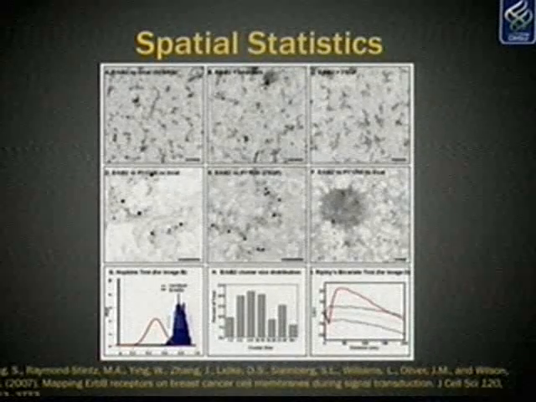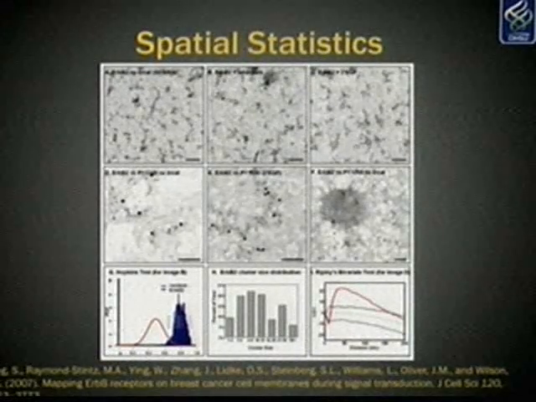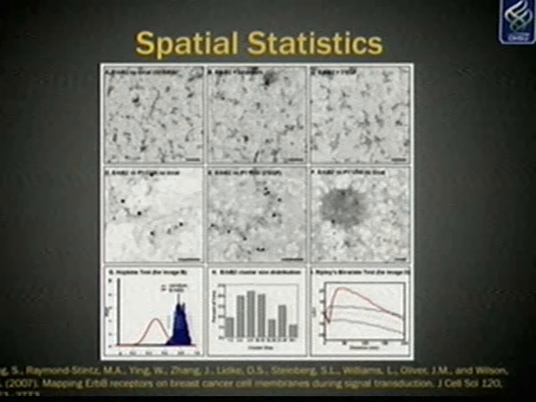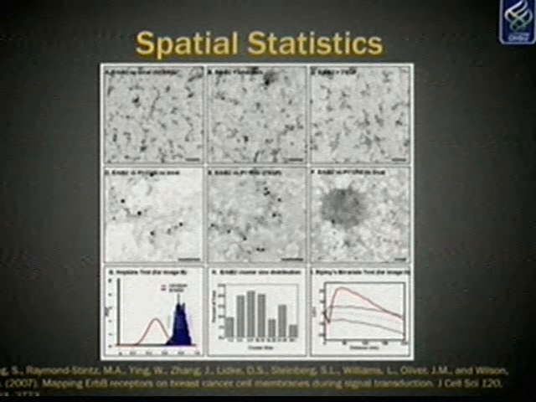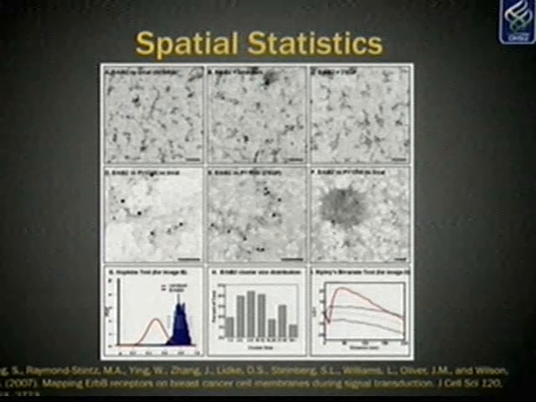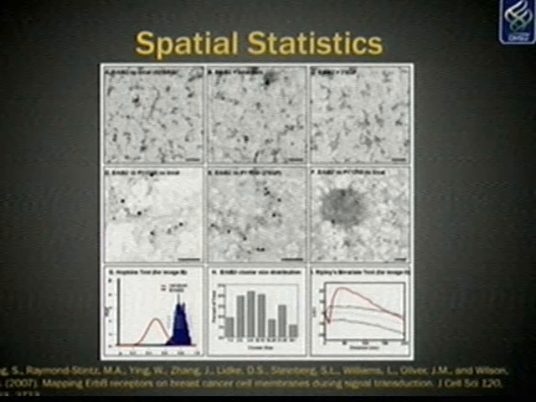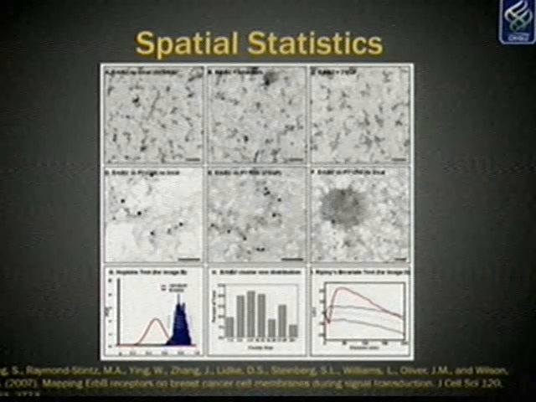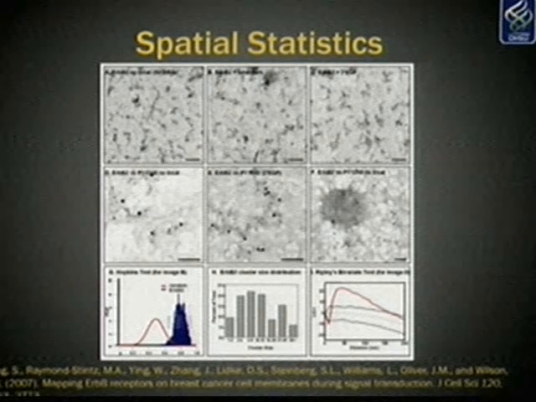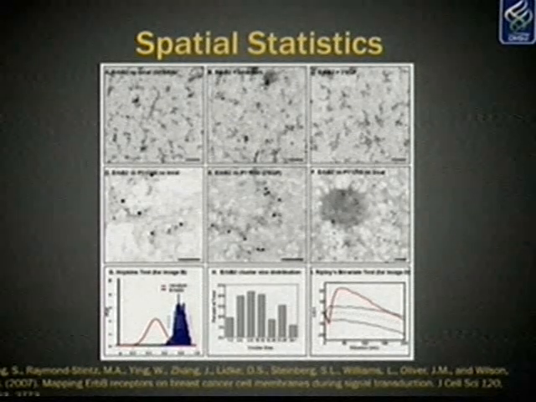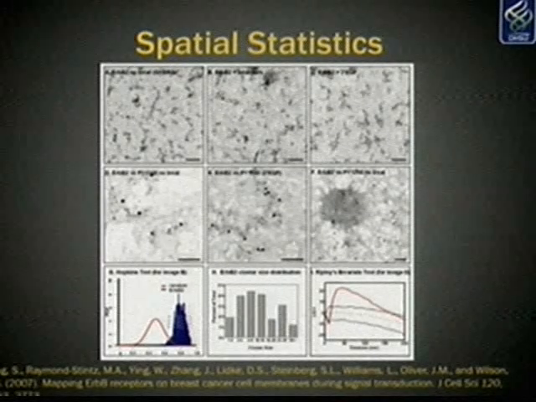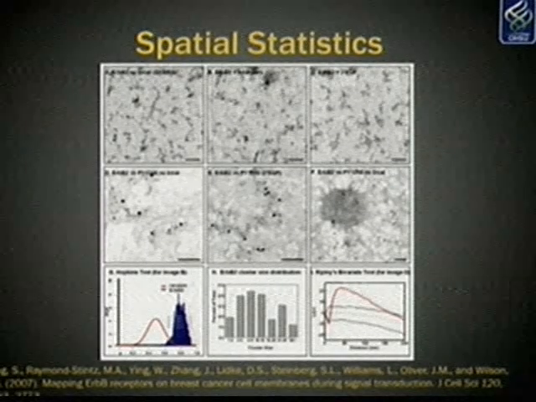So here's one study, again, looking at HER2 and whether it forms dimers. We're just looking at the surface of the cell here, and in different treatment conditions, we can quantify whether these HER2 molecules are more clustered than we'd expect to see by chance, and whether that clustering changes with different treatments.